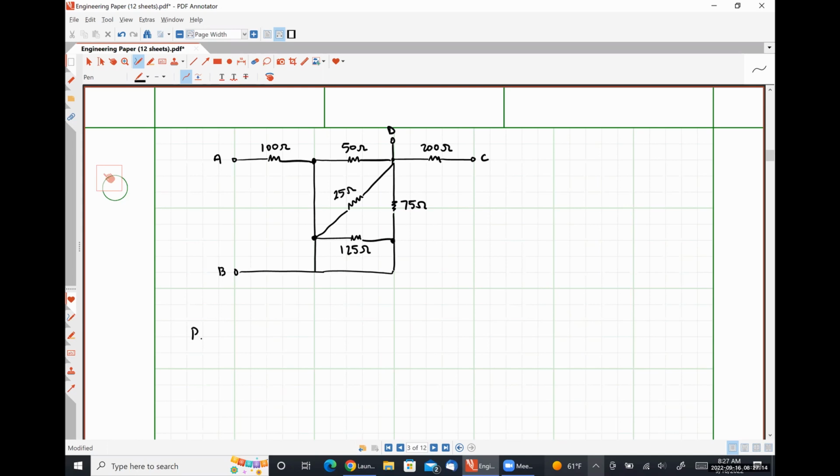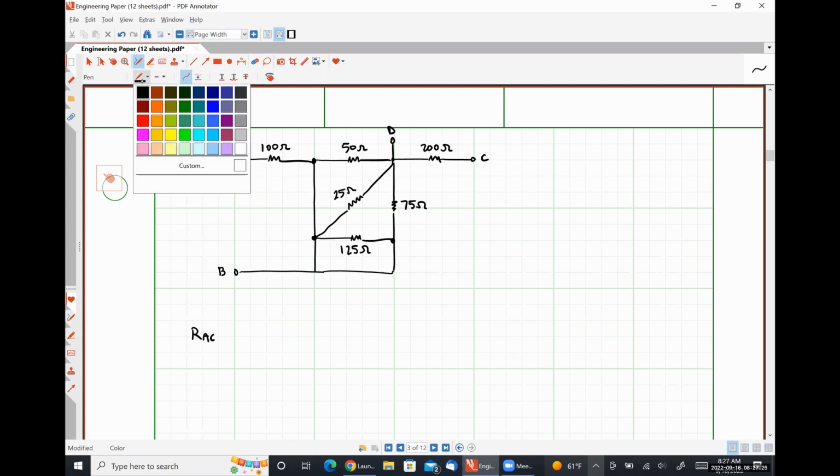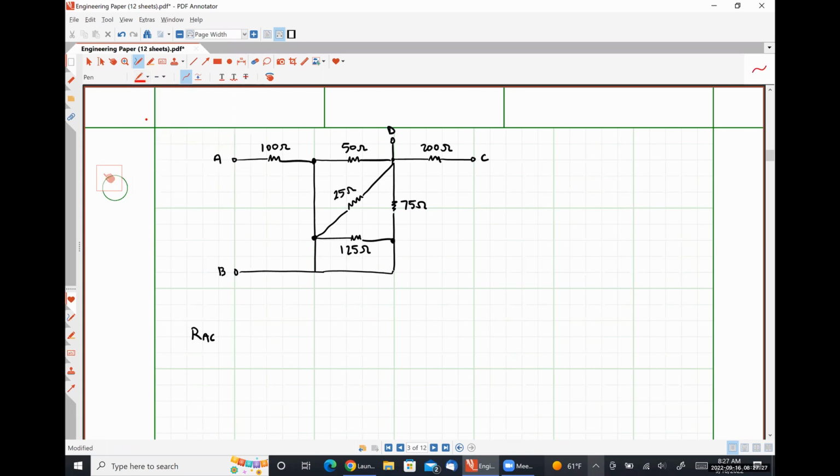So let's start by finding the resistance seen between terminals A and C. So I'm going to call this RAC, okay? Now, what I like to do, you don't have to do it, but I encourage you to follow something like this, is label all my nodes like we've done in the past.